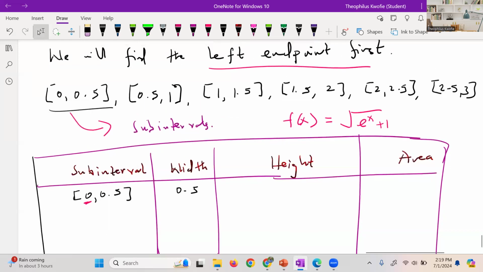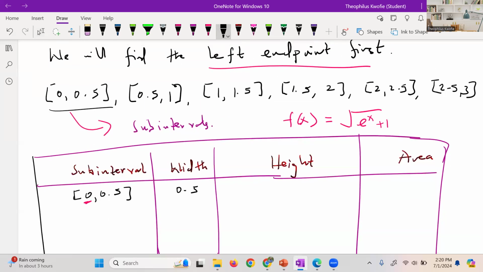Very good. So we are going to plug the left endpoint, which is 0, into the integrand, and that should give us what? It just means that wherever I see x, I should replace it by 0.